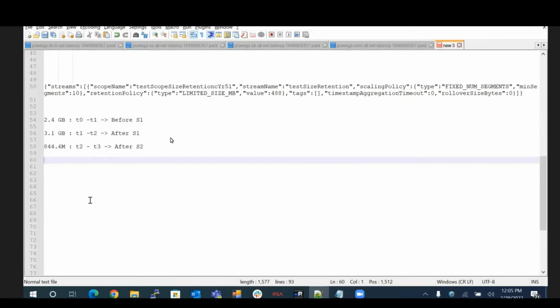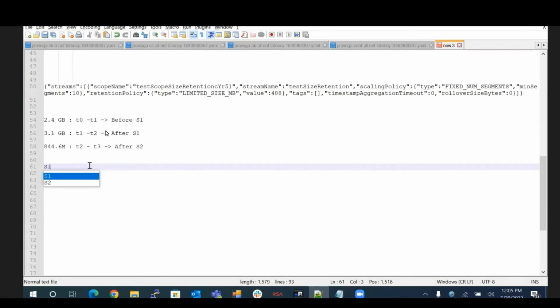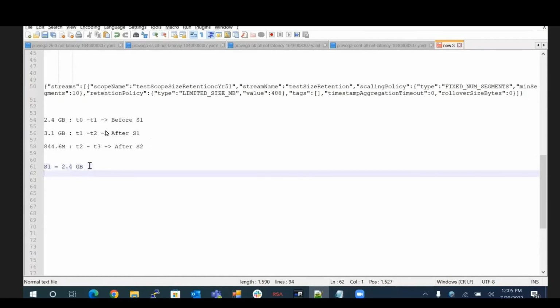So there's a fascinating way of comparing the data over here. Each time the retention cycle executes, a stream cut record is created. So during this time frame, S1 had initially 2.4 GB of data, but after the next retention cycle at S2, when the new record size was calculated, it happened to be 3.1 GB.